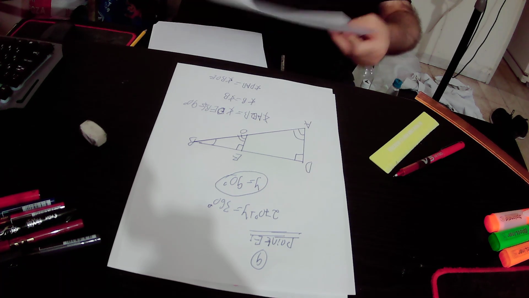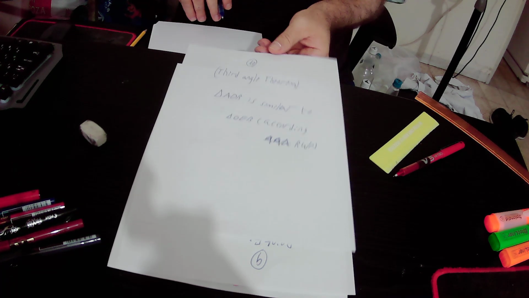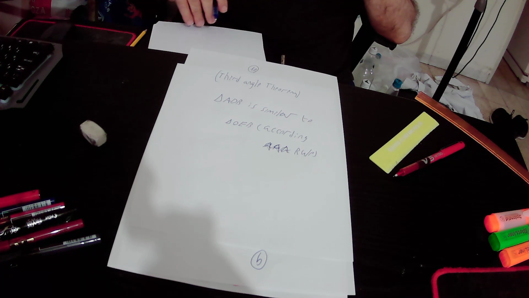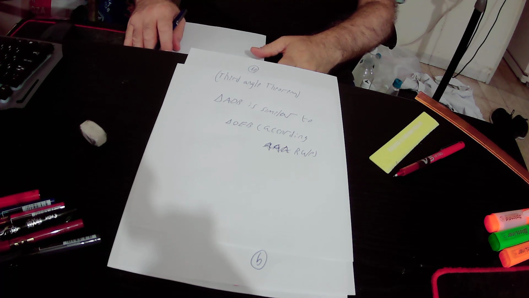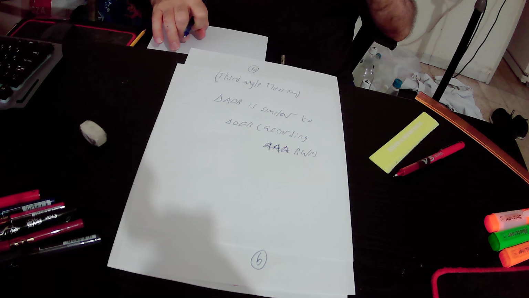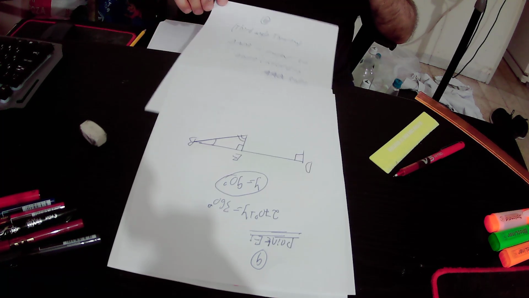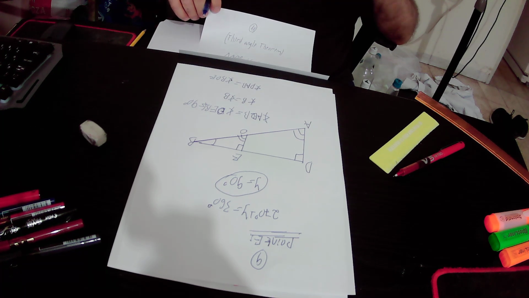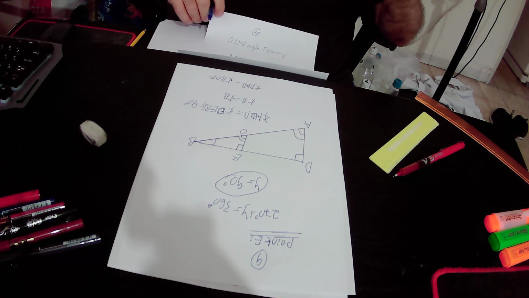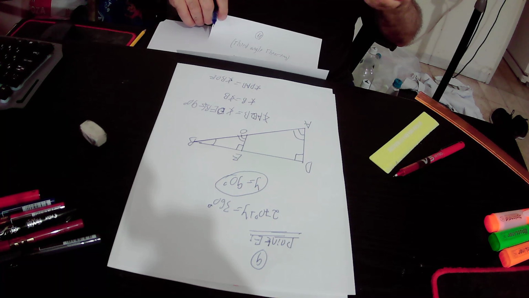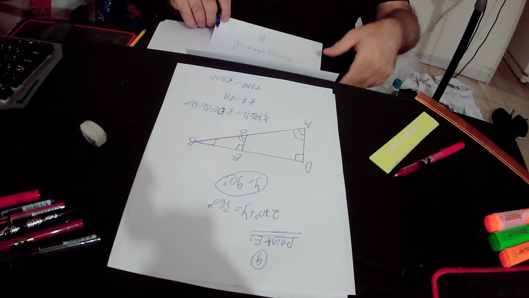Again, the big triangle, triangle ADB, is similar to the small triangle, triangle OEB, according to angle rule. Whenever you prove that three angles of one triangle are equal to three angles of another triangle, then those two triangles are similar to each other according to angle rule.